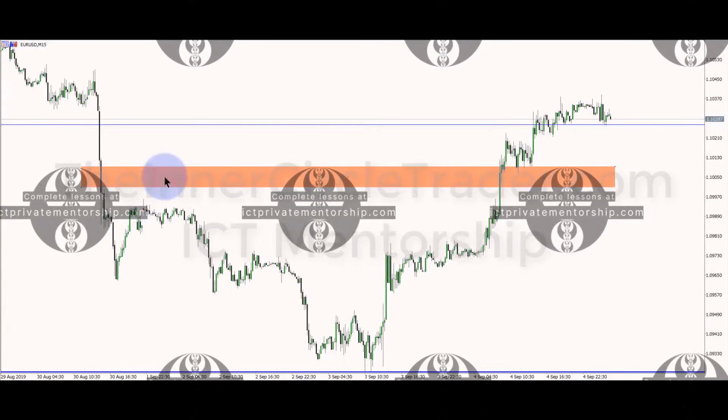Work on the 10, 20, and 30 pip sweeps. But if it works out to be like a 15 pip or a 25 pip range between low to high in that dealing range, then you would look for your 5, 15, and 25 pip respectively above the high, looking for liquidity. So what you're looking for is a combination of both of them.